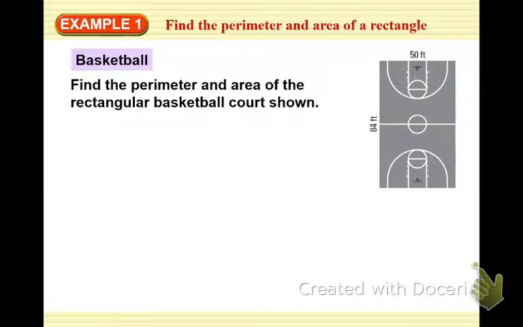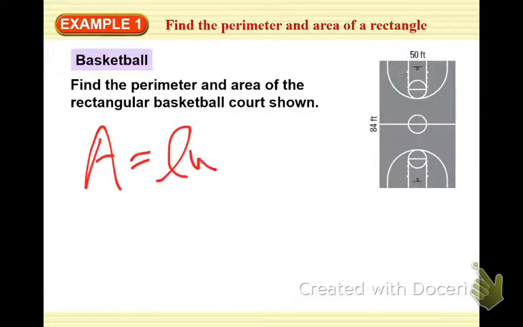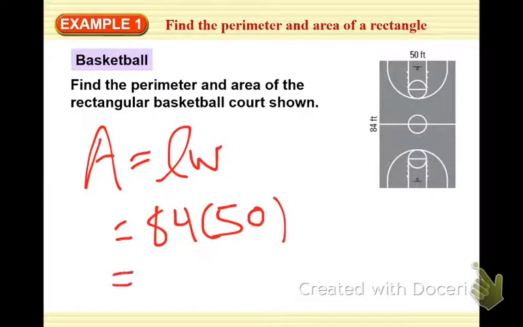For area of the basketball court, area is length times width. So that's going to be 84 times 50. Right? And 84 times 50 is 420. No. Yeah, 420, I believe. 420 feet squared.